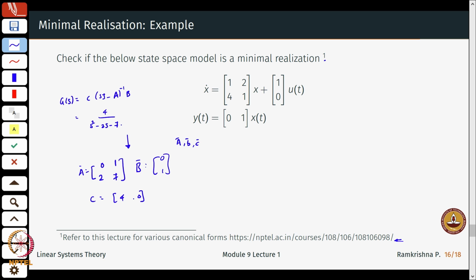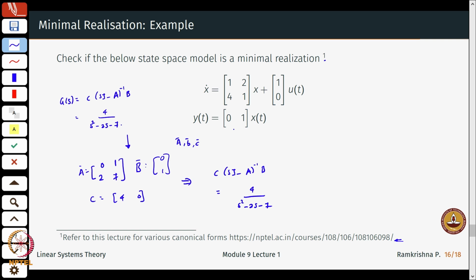Okay. So, again I convert this to the transfer function via C S I minus A inverse B, and I get 4 over S square minus 2S minus 7, and therefore, I can verify this relation over here. Okay.